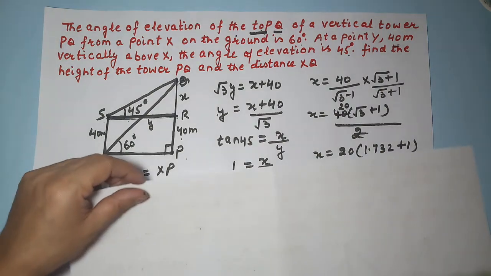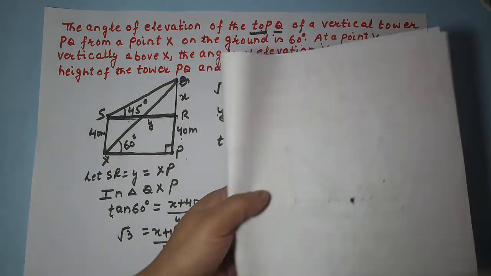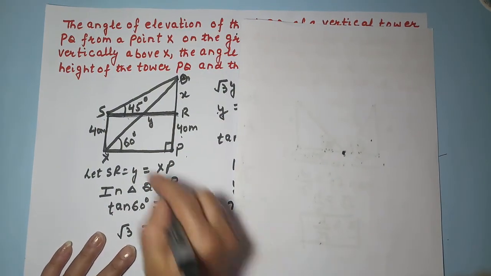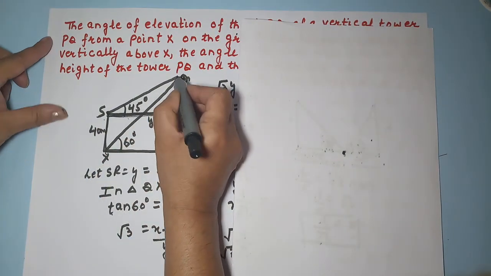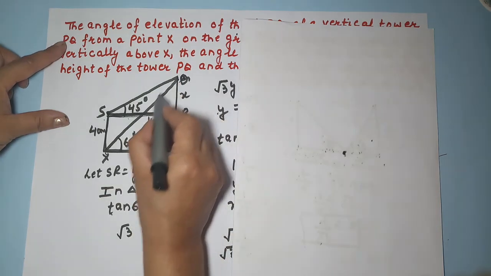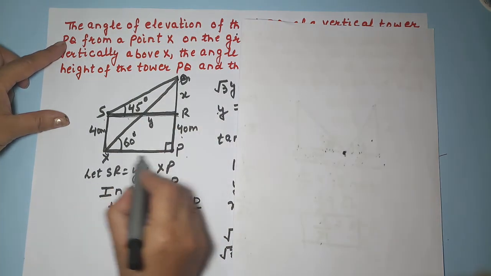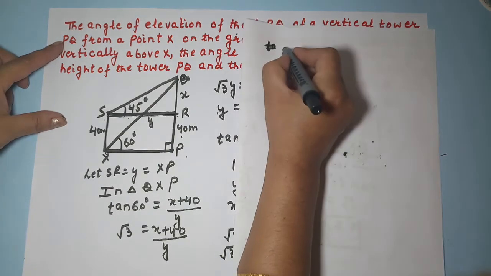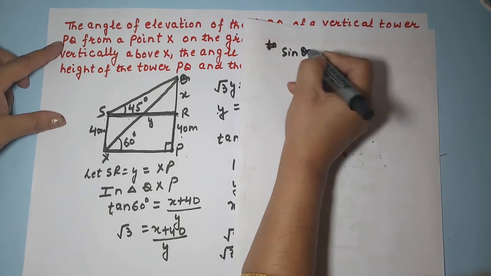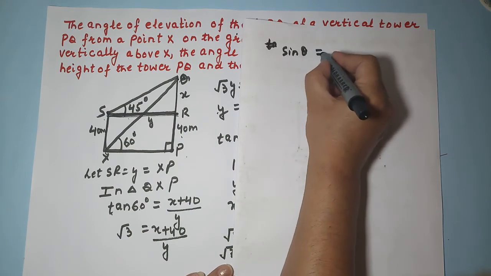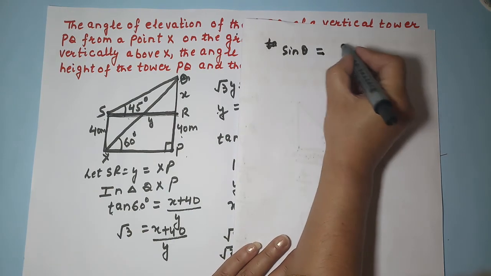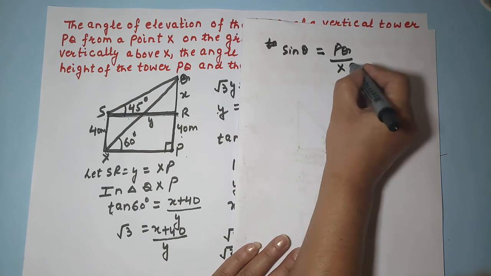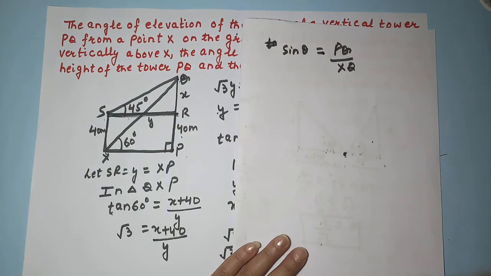Now he's also asking me to calculate the distance XQ, right? I have to calculate the distance XQ also. Now how do I do that? If you look at this XQ and if you look at this triangle, can I write sine theta is equal to PQ upon XQ, opposite upon hypotenuse?